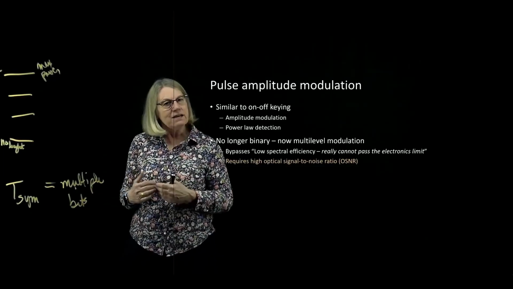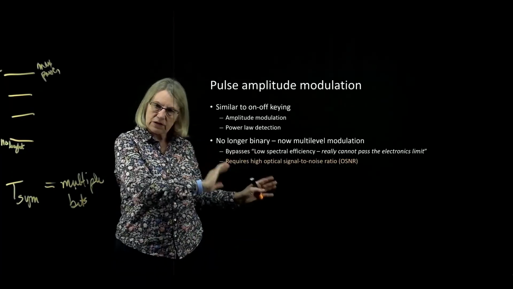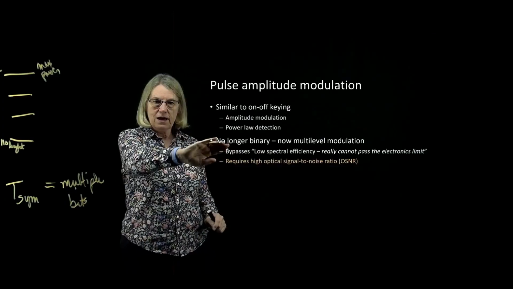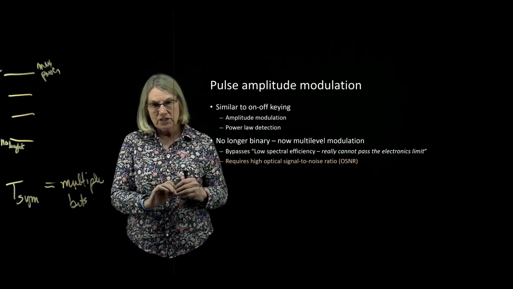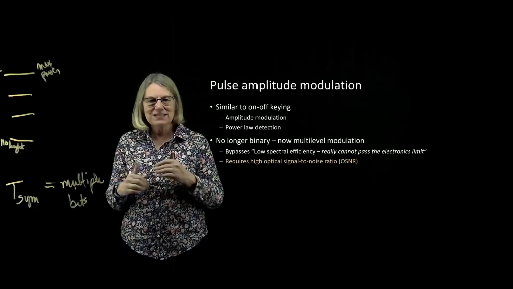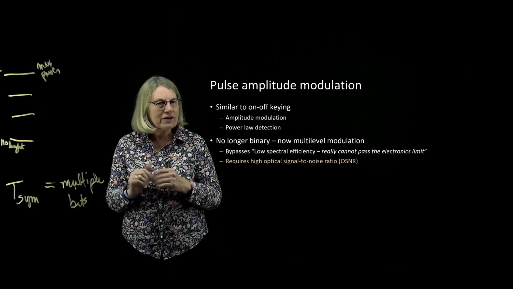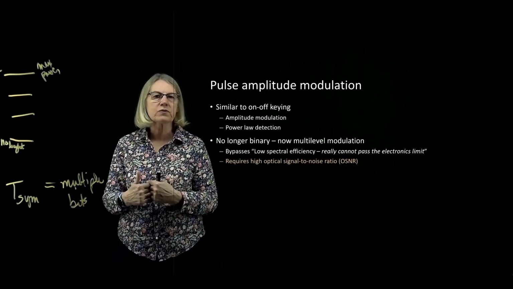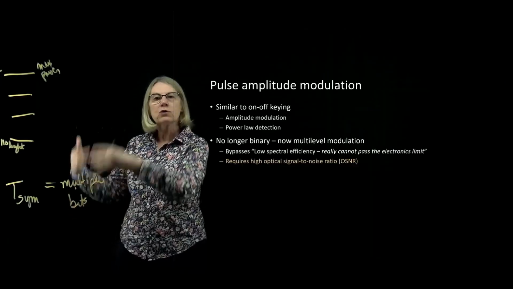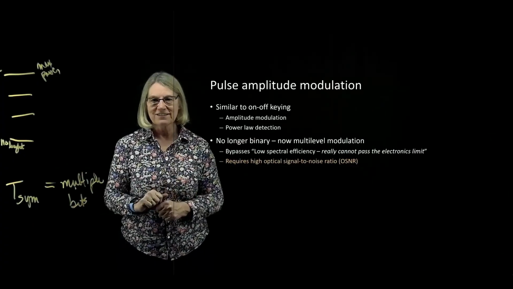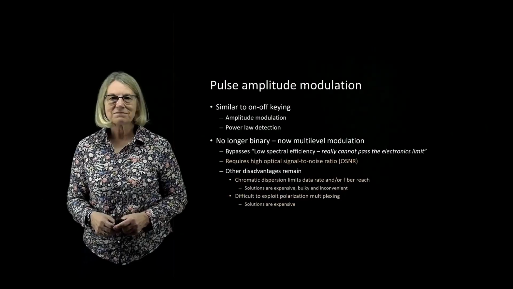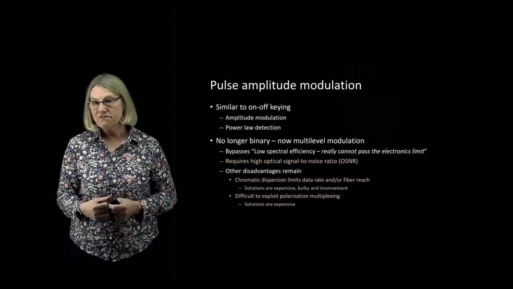However, IMDD, and I'll contrast that with coherent detection in a few minutes, which is also more spectrally efficient. Pulse amplitude modulation has this disadvantage: it requires much more signal-to-noise ratio for the same increase in spectral efficiency that I might get when I'm using coherent detection. So what are some other disadvantages?